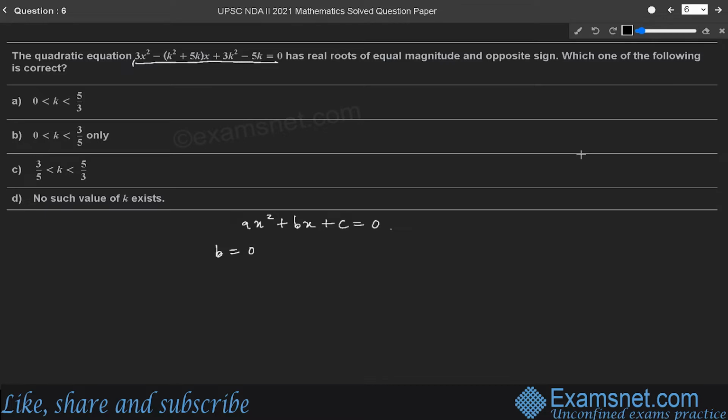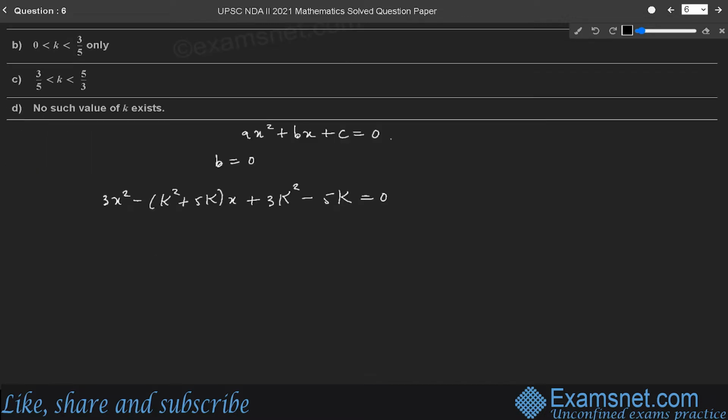So in the given quadratic equation, which is 3x square minus (k square plus 5k) into x plus 3k square minus 5k is equal to 0, on comparing the equations, a will be equal to 3, b will be equal to minus (k square plus 5k), and c will be equal to 3k square minus 5k. Now from here we have already found that b is equal to 0.